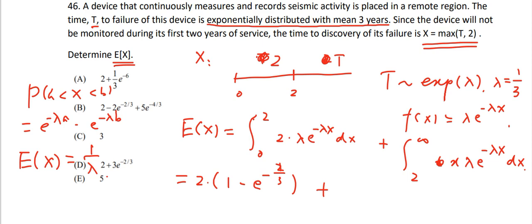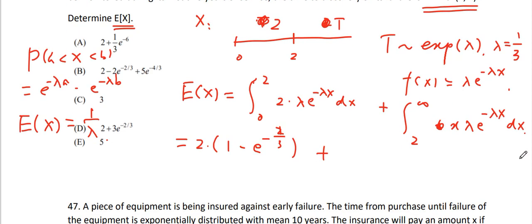So what is x? The x is from 0 to infinity, but here it's just from 2 to infinity, so I change it a little bit. If this x is from 0 to infinity, I know this integration, right? It equals 3. This is just the mean.